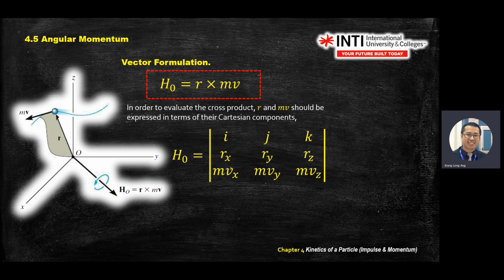So when you cross, the first row is your r or position, the bottom one is your momentum, and you write i, j, k. i means the x direction, j the y direction, k the z direction. How to calculate this? Go back to your mathematics textbook.